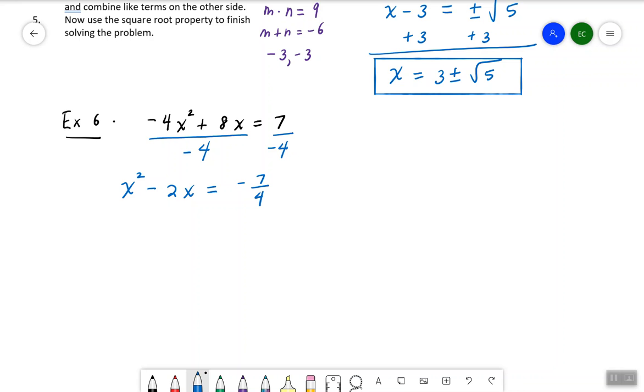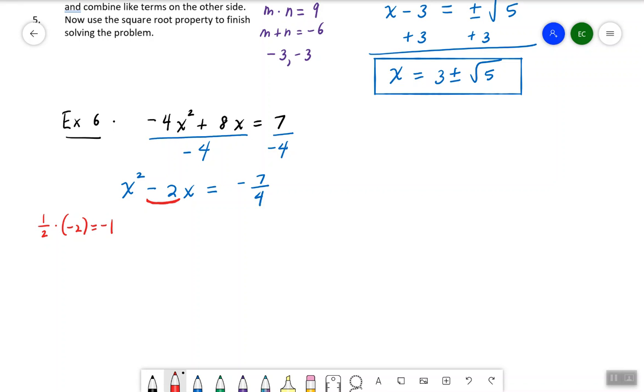Step 2 was to rewrite the equation so the x squared and the x term are on one side and the constant is on the other side. Well, we already have that, so that's good. Step 3 now is to create the perfect square trinomial. Do you remember how to do it? The key is to look at the coefficient on x, and we want to take half of it.